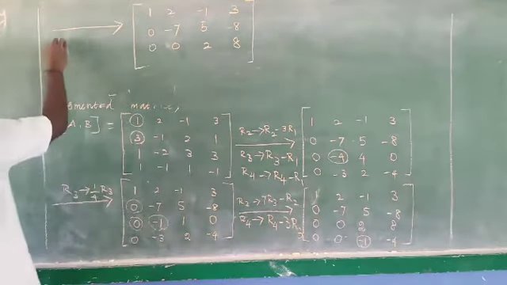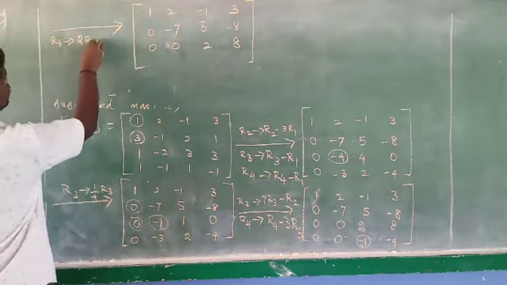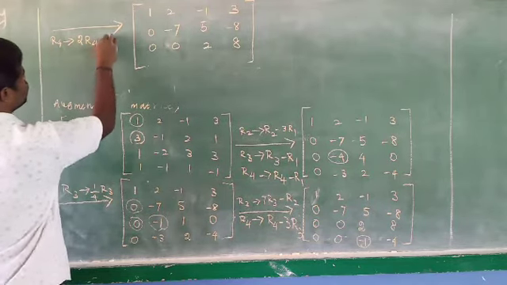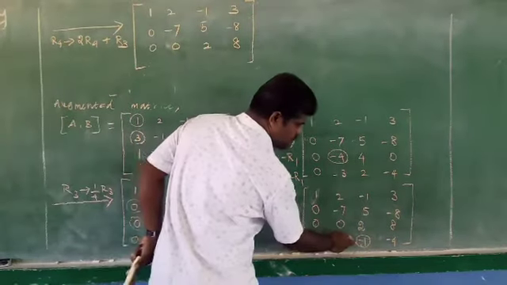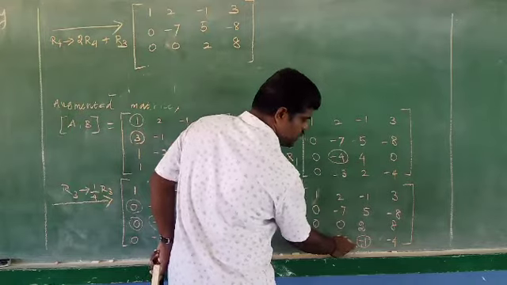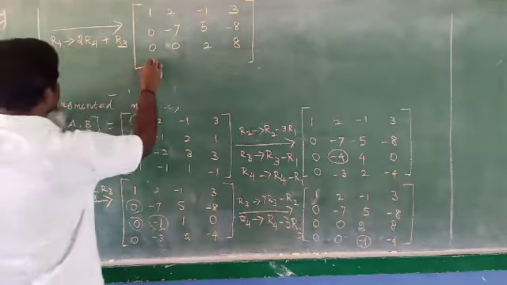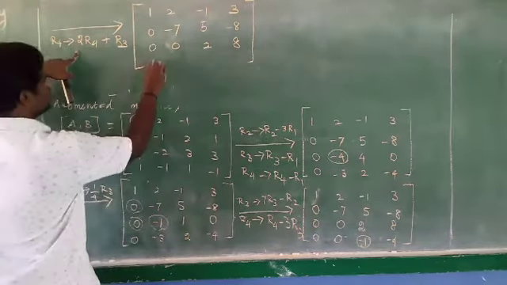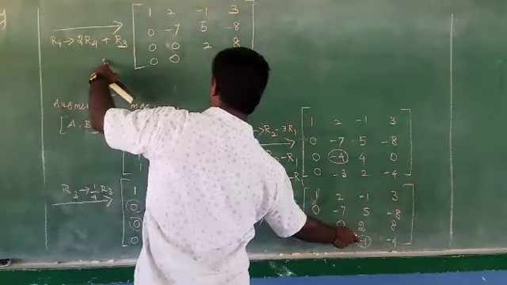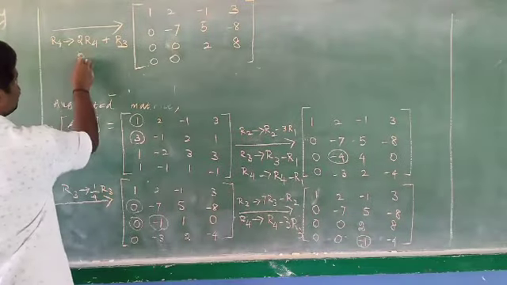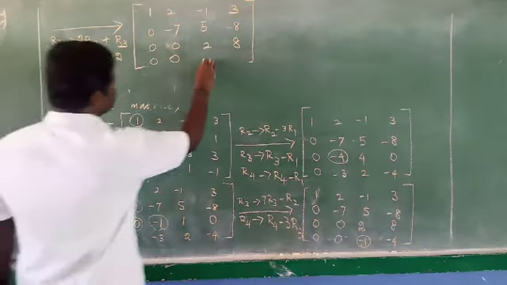In the R4 row, R4 tends to 2R4 plus R3, because here we multiply by 2, this is minus 2. Add these two, it is a 0 value. So that's why I have to add this one. So this one add 0. And that one we have to add 0. And minus 1, 2 into R4 is minus 1 plus R3 is 2. So minus 2 plus 2, 0.